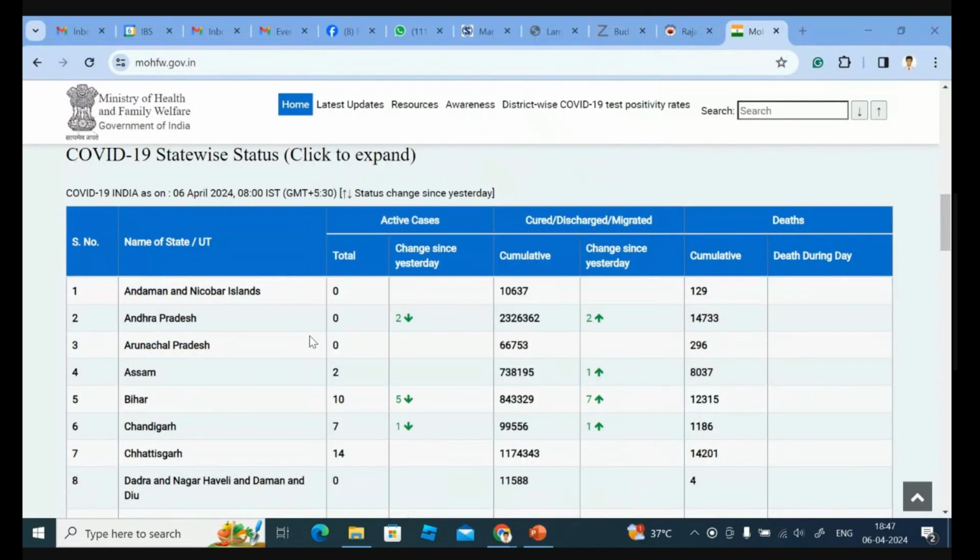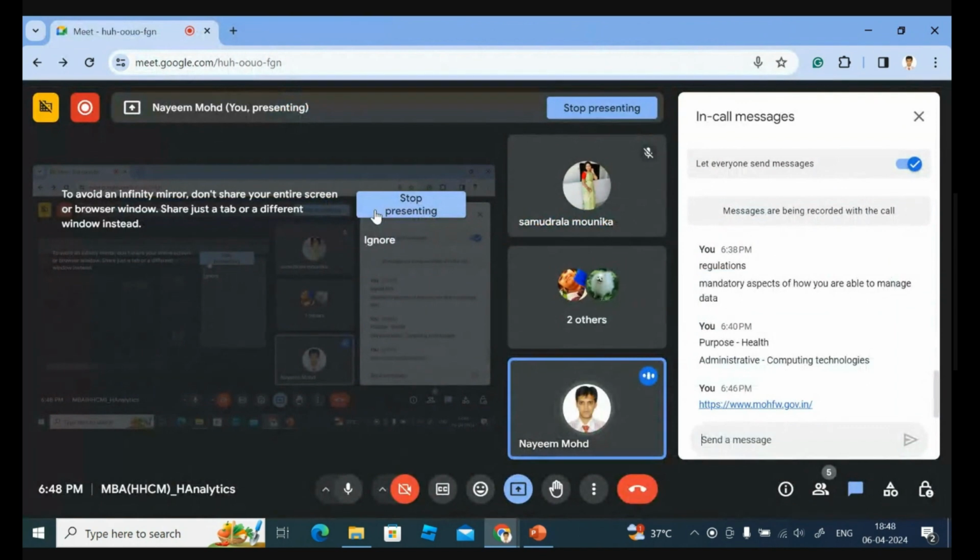Can you see this? Yes, sir, you can see the screen, sir. Yes, you can see. And now I want you to open this on your cell phones or laptops, whichever you're using. Go to this website, open it, and tell me what you infer from this data. The link is also provided in the chat box. Please click that link.